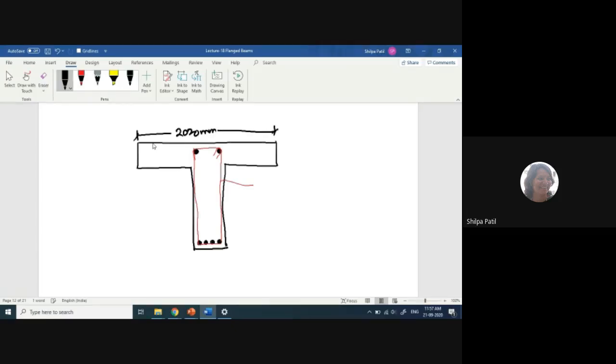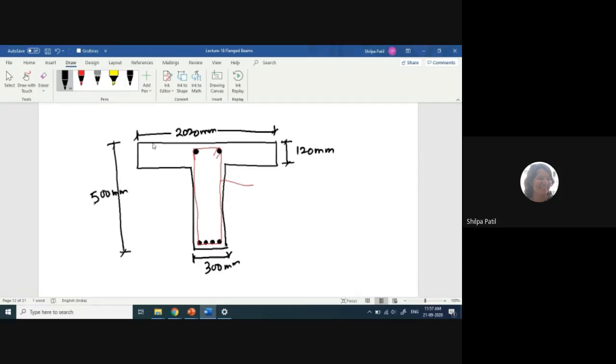The depth of the flange is 120 mm. Then the width of the beam is 300 mm. And the overall depth of the beam is, I think, 500, right? Because we have considered D as 450, this is the overall depth.